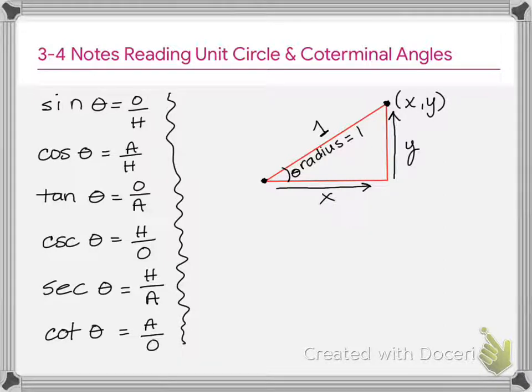Okay, so what I want you to understand is when I tell you, when using the unit circle, that sine theta is equal to y, I want you to understand why that's the case. We know that sine means opposite over hypotenuse, correct? Well, if we look at this picture and we're standing at theta, the opposite side is going to be this side.